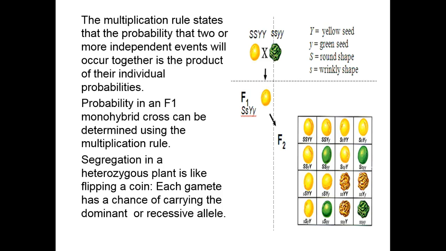For example, if you have a 50-50 shot of a purple flower and a 50-50 shot of a long stem, then you have a 1/2 times 1/2 possibility of a purple flower with a long stem with regard to breeding. So what you're doing is taking this multiplication of probability, 1/2 times 1/2 equals 1/4. And we're out of time. We'll pick this up on the next one.